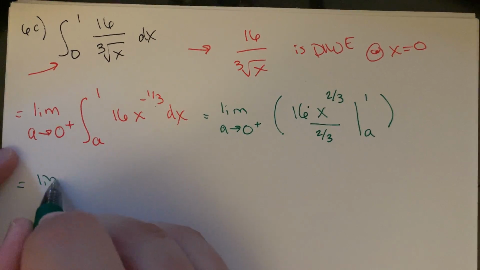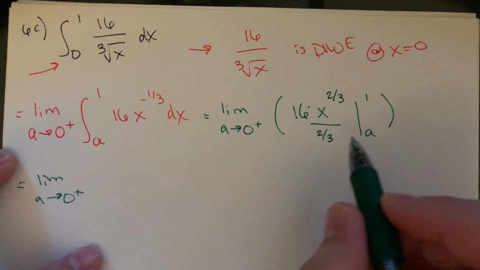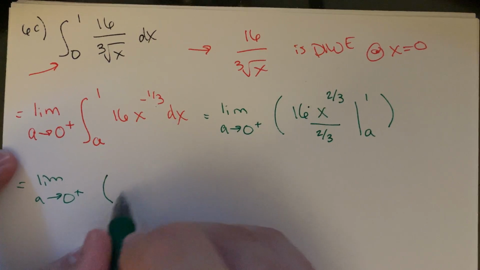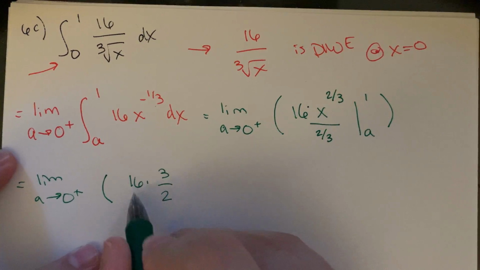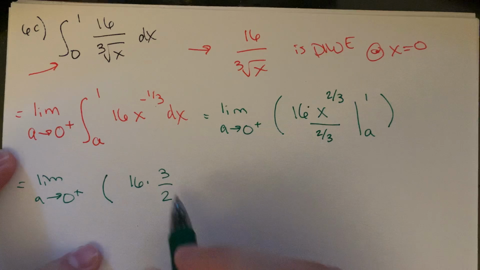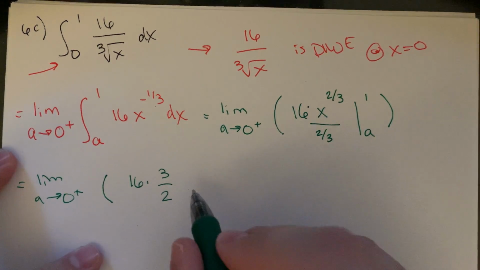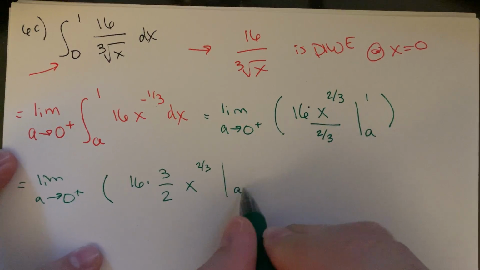So let's rewrite this and clean it up for a second. So a goes to 0 from the right. What's this going to be? 16 times, divide by 2/3 is really times 3/2, right? So that's going to be 16 divided by 2 is 8 times 3 is 24, x to the 2/3. So this is from a to 1.